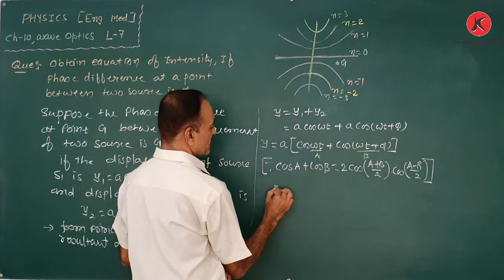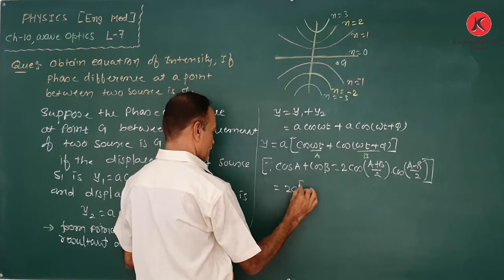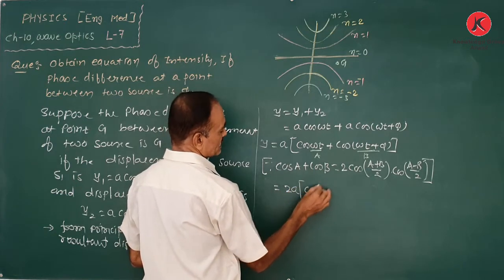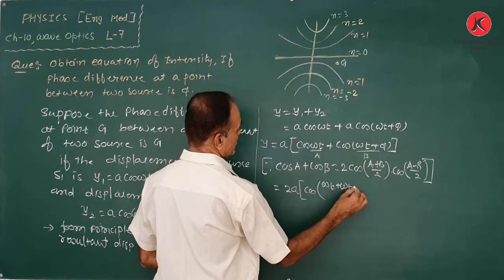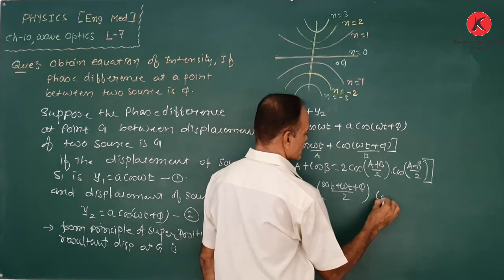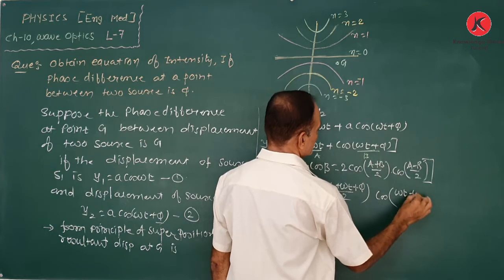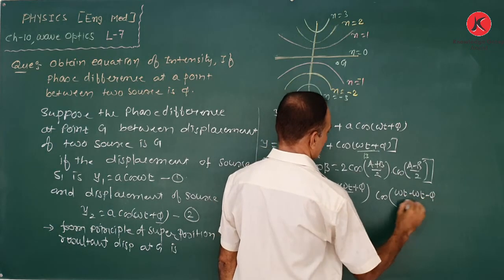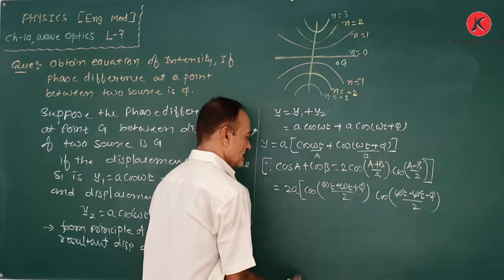Therefore, our equation becomes, 2A taken outside of the bracket. Now inside, cos ((A plus B), that is omega t plus phi) upon 2, into cos ((A minus B), that is omega t minus phi) upon 2. Here omega t cancel.